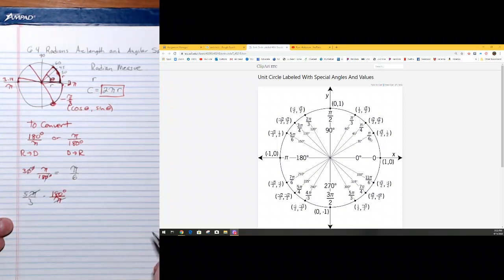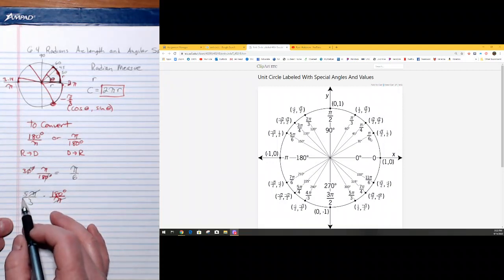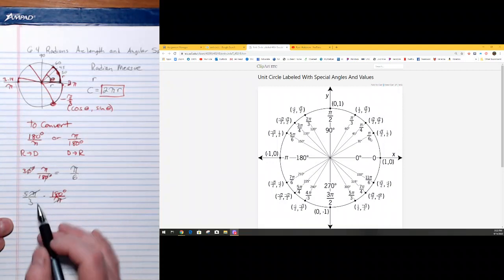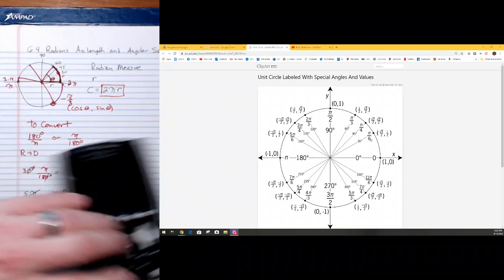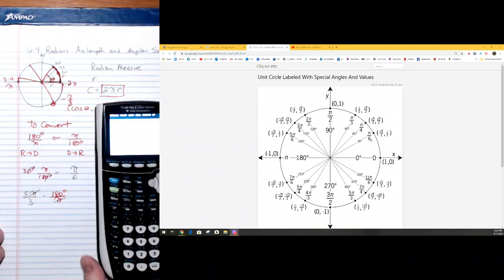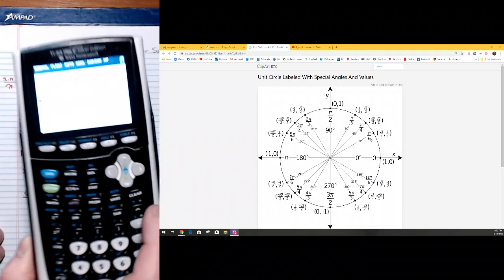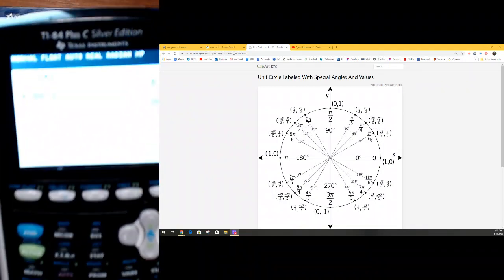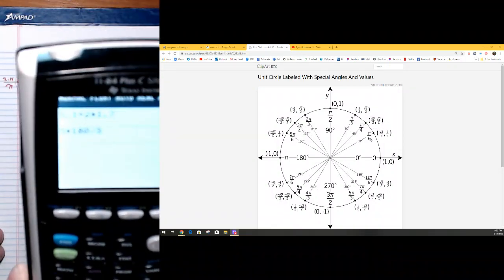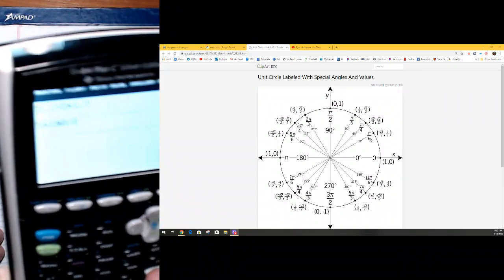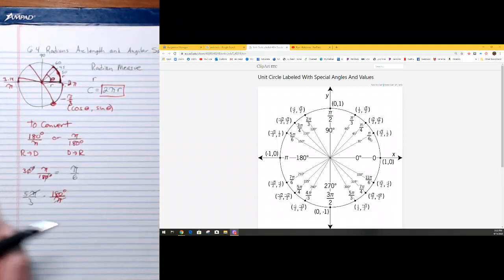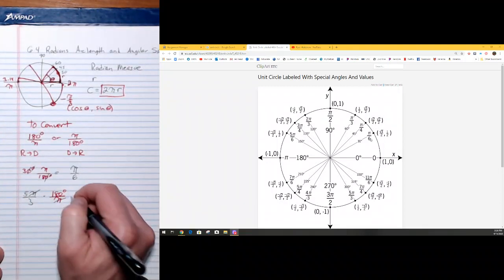And then it just becomes a math problem. We're going to do 5 times 180, and then I divide that by 3. I know you guys can't see that, but let's see if I can. Yeah, not quite, but you're going to get 300 degrees.